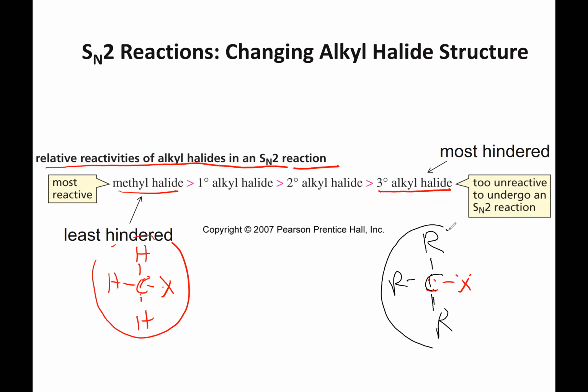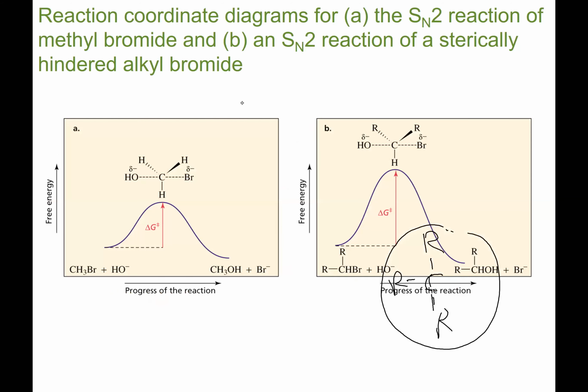This is much more crowded around the carbon. And so these reactions are very sensitive to the size of the groups around the carbon, and I'm going to show you that here. Okay, so let's look at this carefully.